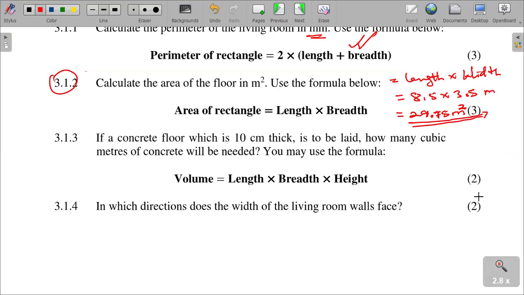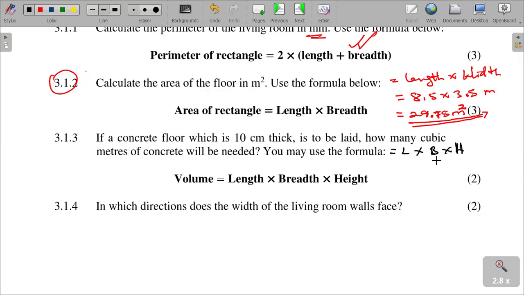If the concrete floor, which is 10 centimeters thick, is to be laid, how many cubic meters of concrete will be needed? You may use this formula. Actually, it's the volume, which we should say is equals to L times B times H, which is height.